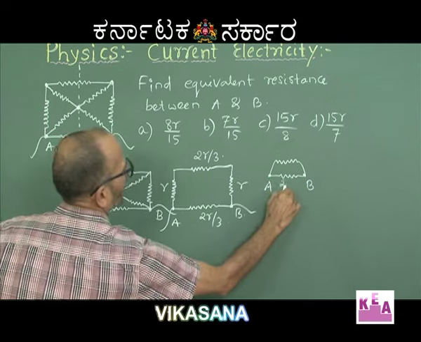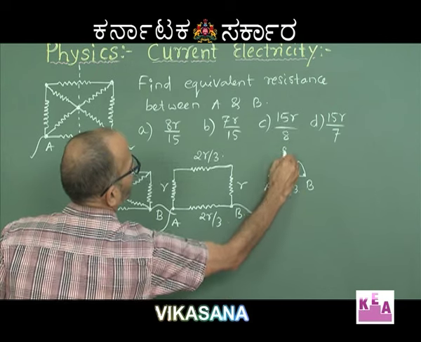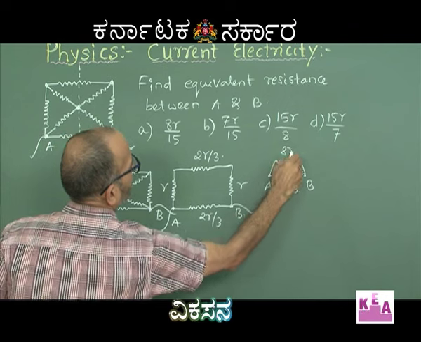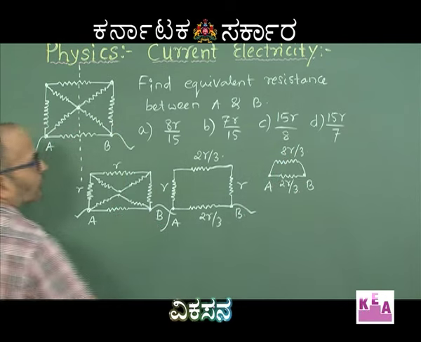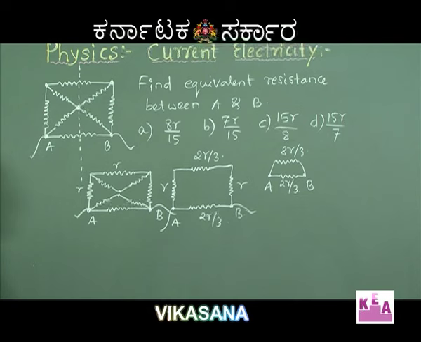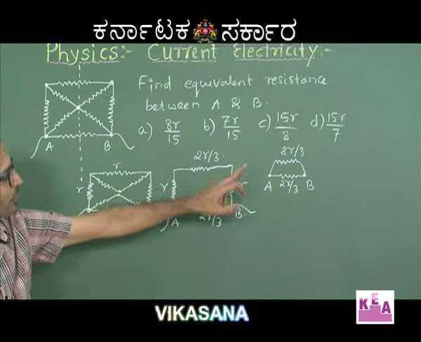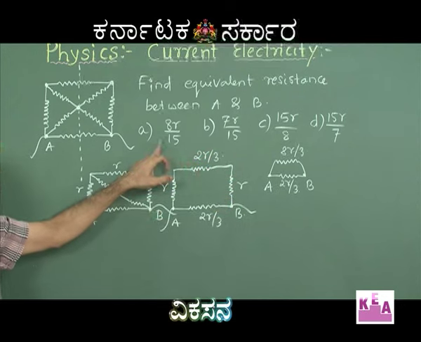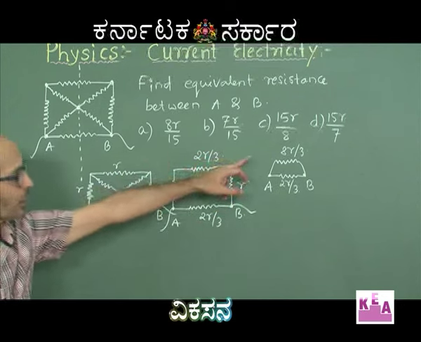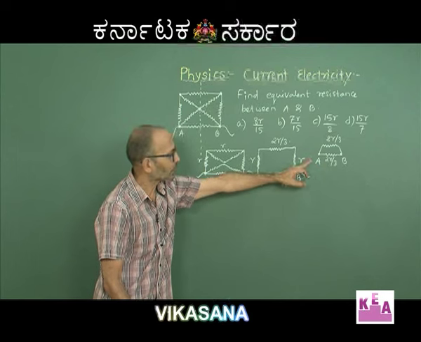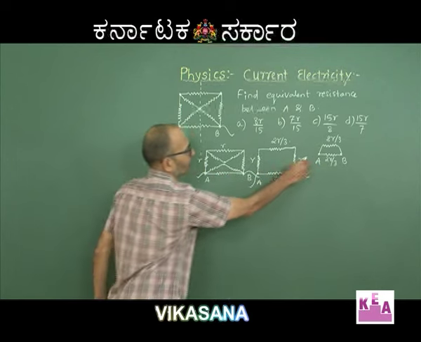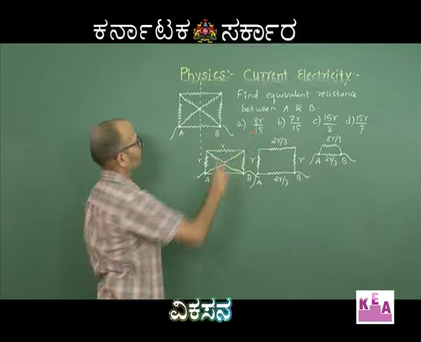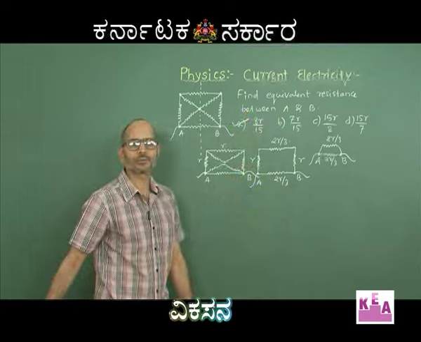This is 2R by 3 and this is 2R by 3 plus 2R, which is 8R by 3. Agreed? Okay. So, that 8R by 3 and 2R by 3 in parallel will make your answer 8R by 15. 8R by 3 and 2R by 3 which are in parallel will give you the equivalent resistance between A and B as 8R by 15. So, this is the right option.